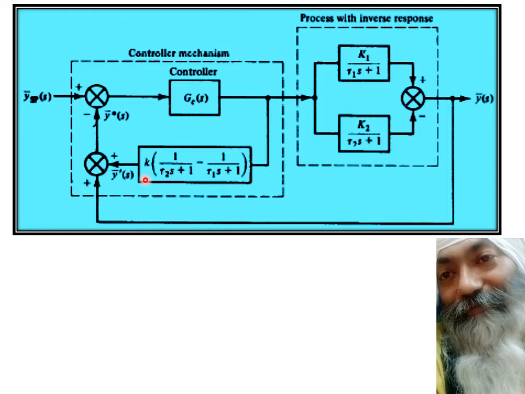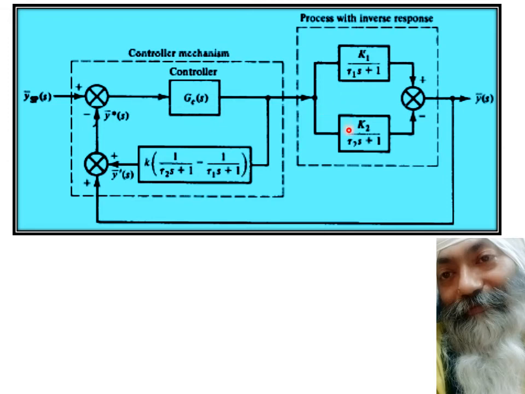This compensator has this value k which we will compute a little while later, but otherwise it has this block 1 upon tau 2 s plus 1 which is taken from here, and this block 1 upon tau 1 s plus 1 which is taken from here.